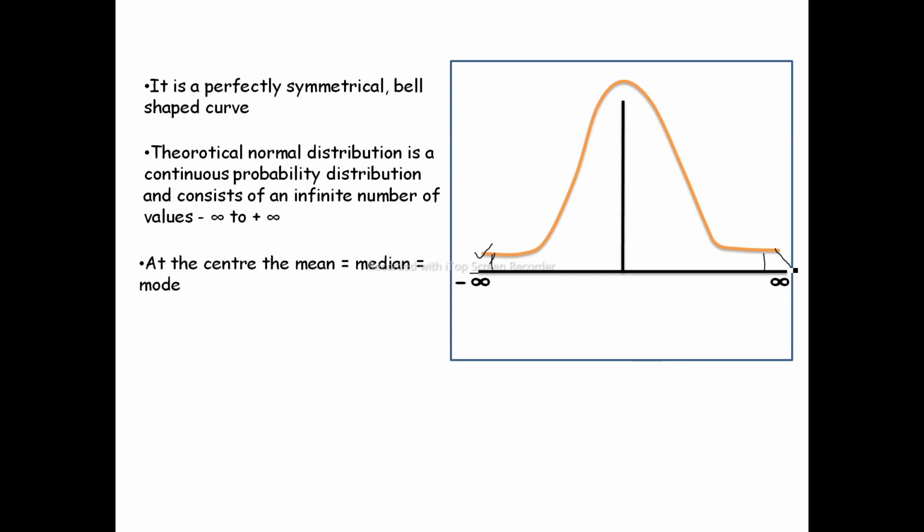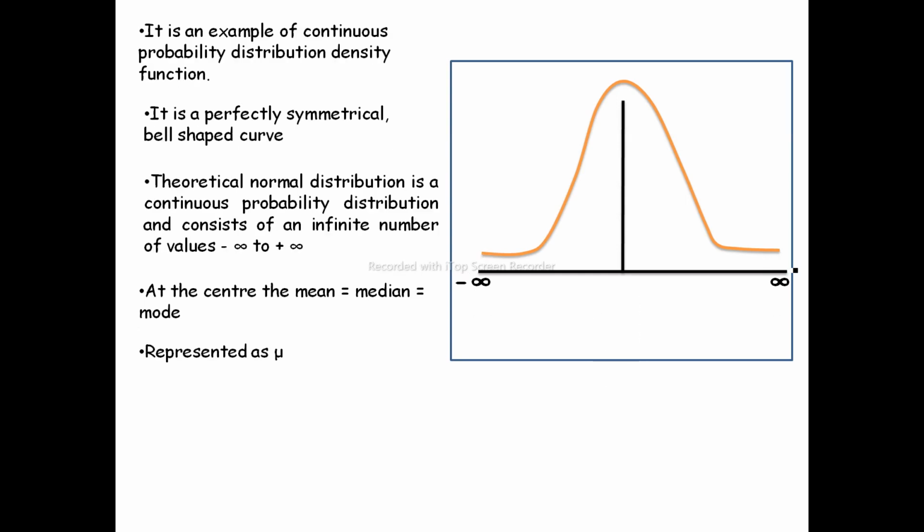Next, at the center there is the mean, which is equal to the median, which is equal to the mode, and it is represented by mu. We know mu is the mean. So at the center we have the mean, which is denoted by the symbol mu.